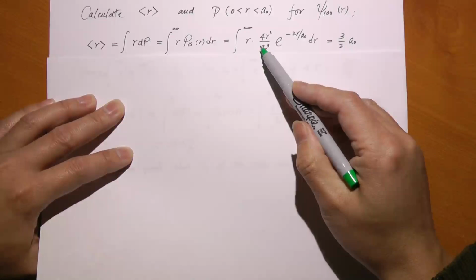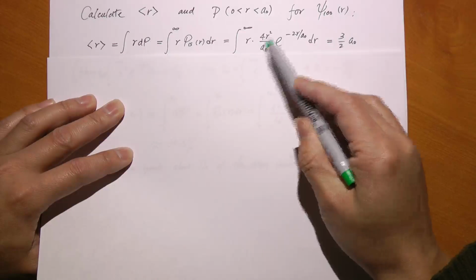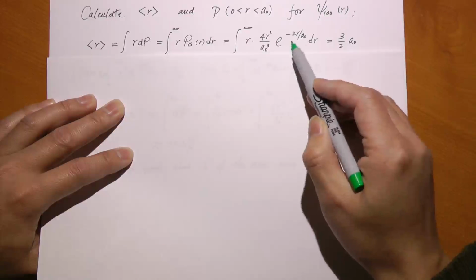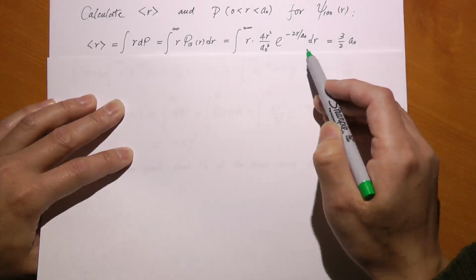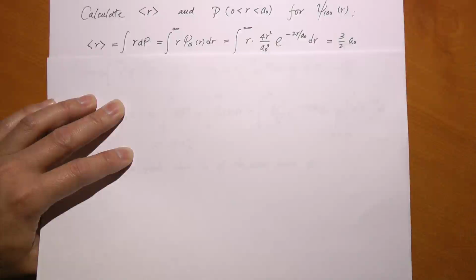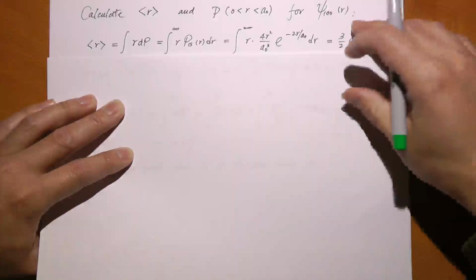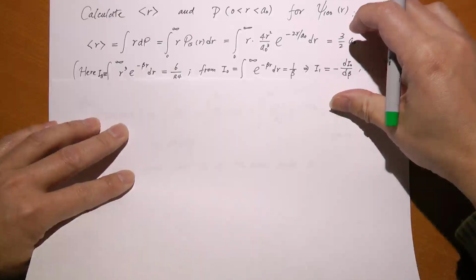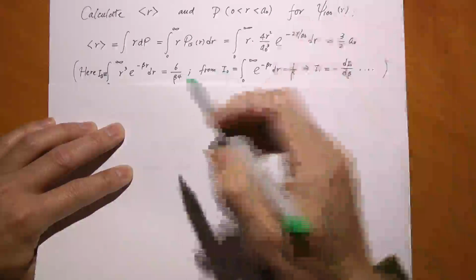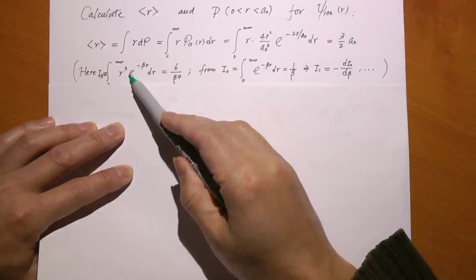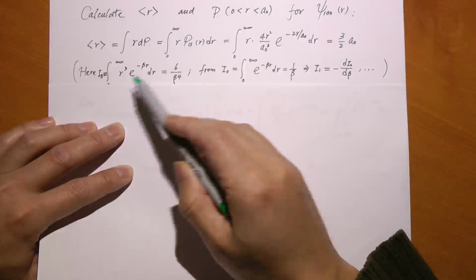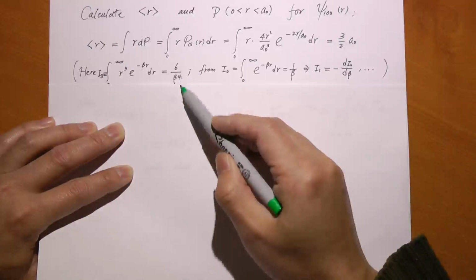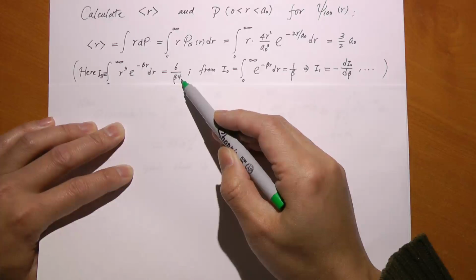How would you find the integral of r to the power 3 e to the power negative something r dr? Many of you know easily how to do that, then just forget about what I say. If you want some assistance, here is the answer. The integral of r to the power 3 e to the negative beta r dr going from 0 to infinity is 6 over beta to the power 4.